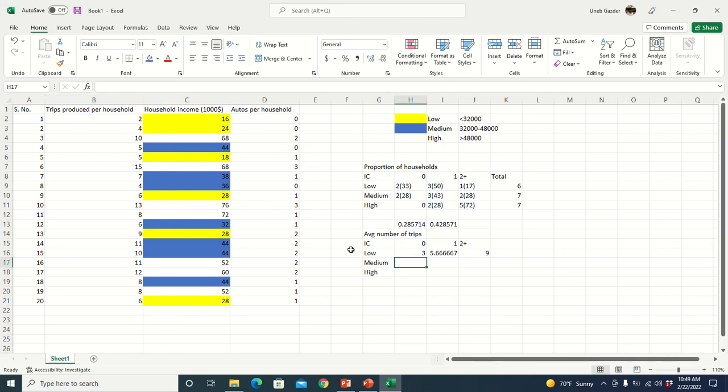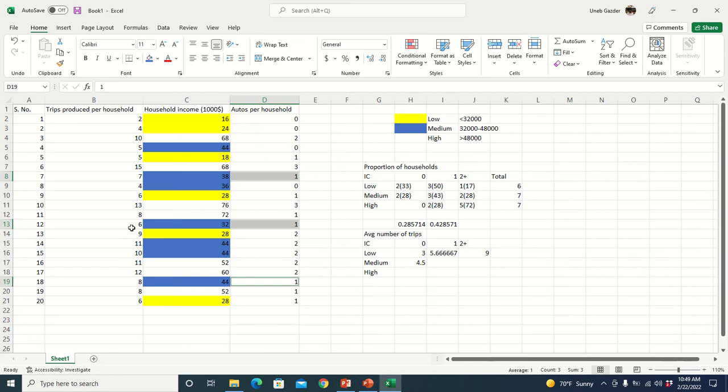Okay, then we move on to medium, the blue ones. In blue ones I have 2 with 0 autos, so this guy and this one. So this one has 4, this one has 5, so the average will be 4.5. Then I have 3 with 1 autos, the blue ones. So this one, and this one.